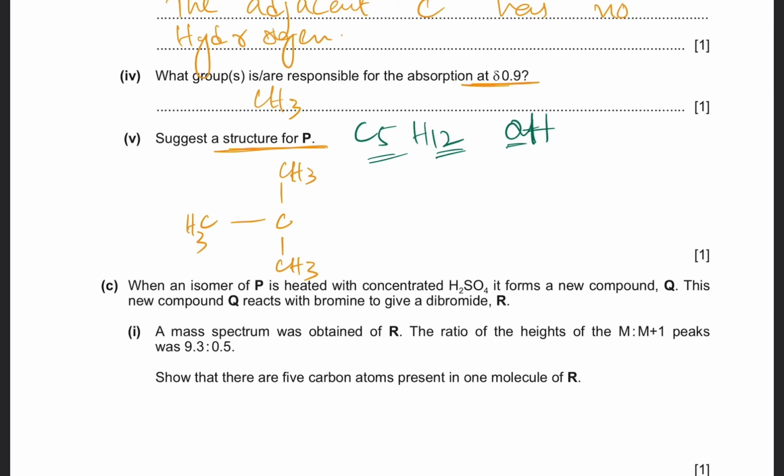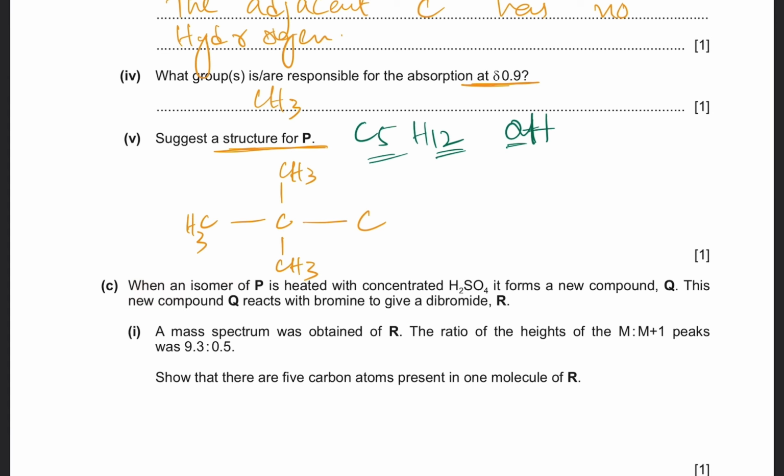If I attach one more carbon to this carbon, it has no hydrogen atoms, so these 9 similar hydrogens would give a singlet because the adjacent carbon atom has 0 hydrogens.